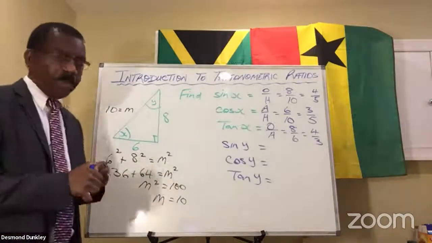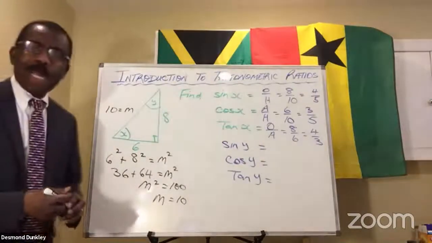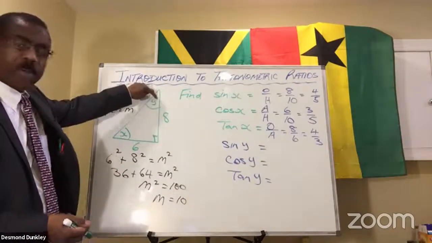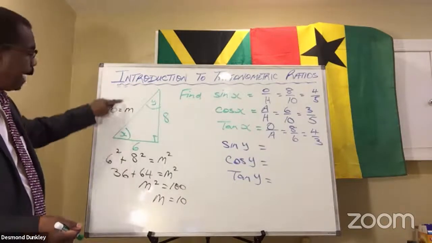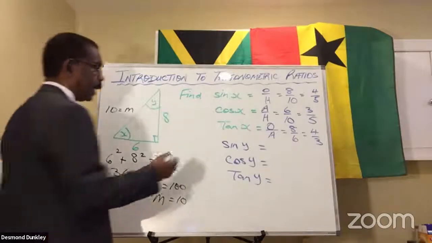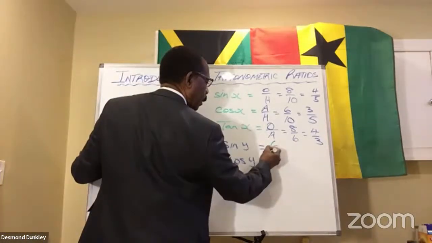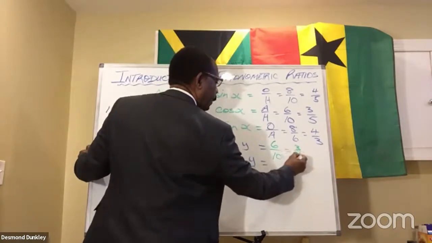And now we go to the other one. Sine of Y. Y is here. So sine is opposite over hypotenuse. So sine of Y is 6 over 10, which happens to be 3 over 5.